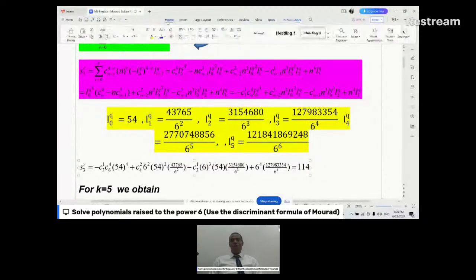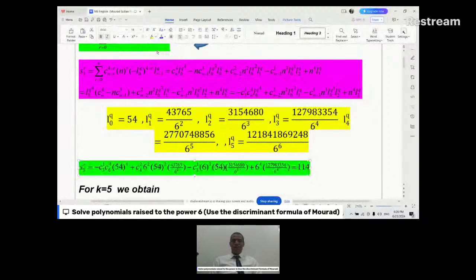Let's calculate together so that you will be familiar with the discriminant formula of Mourad Sultan Ezouidi, and it's an occasion for you to understand the main function that will relate this new polynomial that we are going to find to the original polynomial.